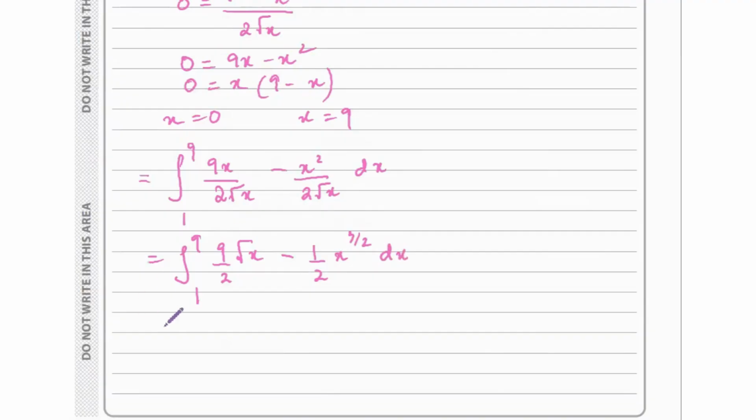Now we integrate this. So for the first one, we add 1 to the power, divided by the new power, which is 3 over 2. And then again, add 1 to the power, divided by the new power, which is going to be 5 over 2. From the limit of 1 to 9.